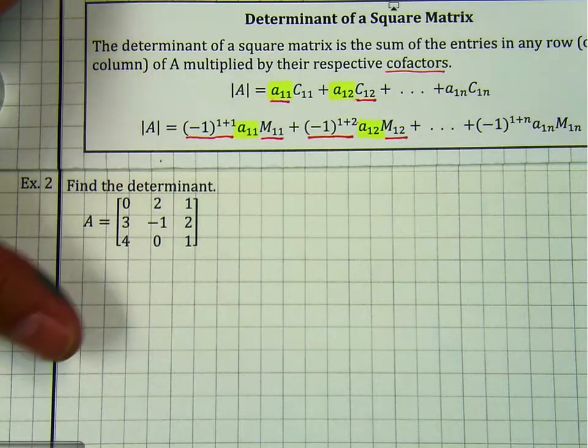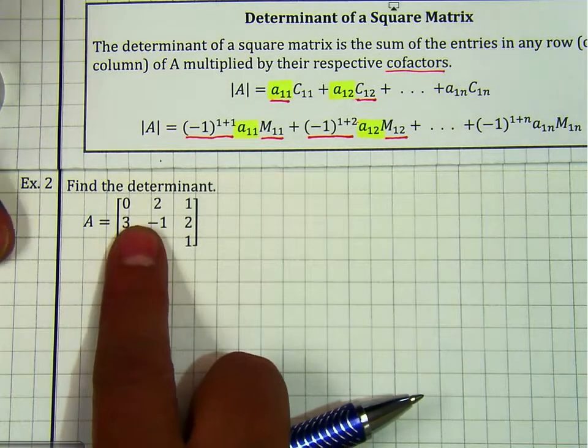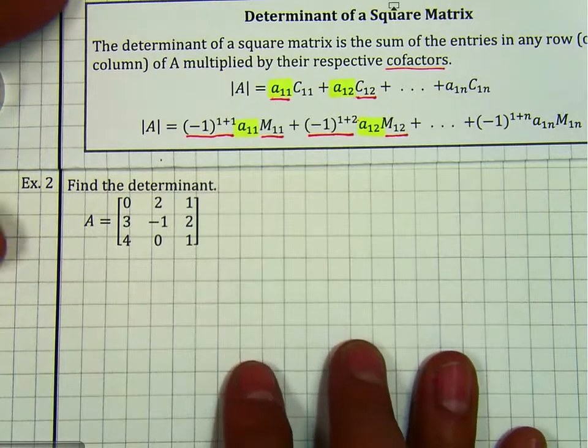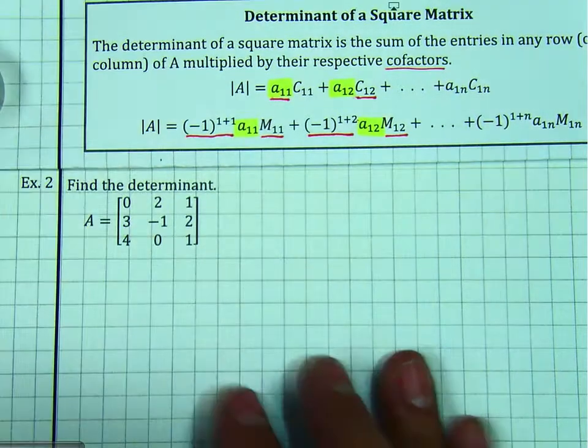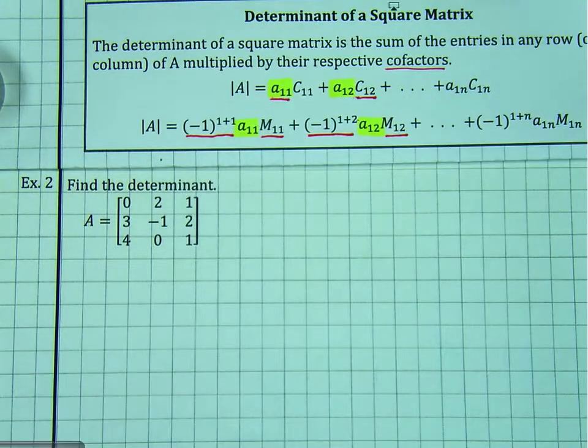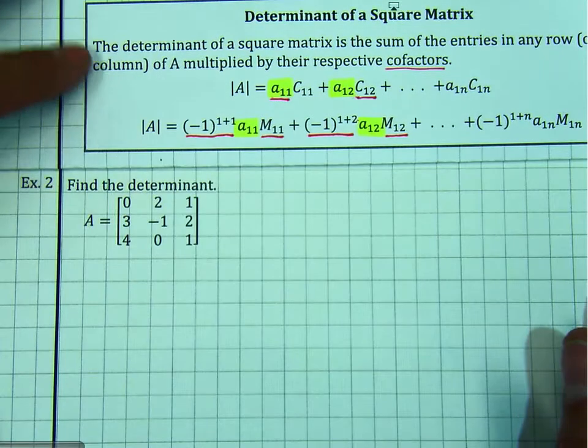So now let's go through example number 2. Let's find the determinant of a 3 by 3. Notice that finding the determinant of a 2 by 2 is a very easy process. To find the determinant of a 3 by 3 it gets a little more tedious.